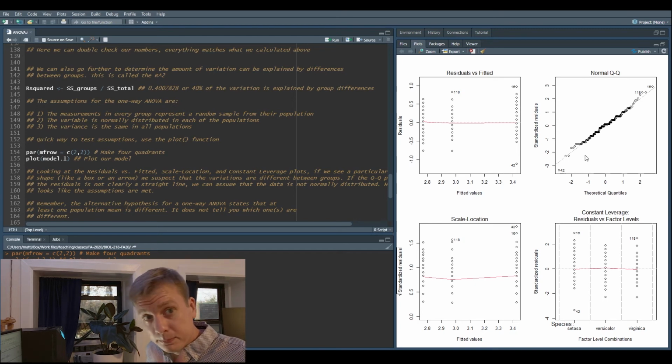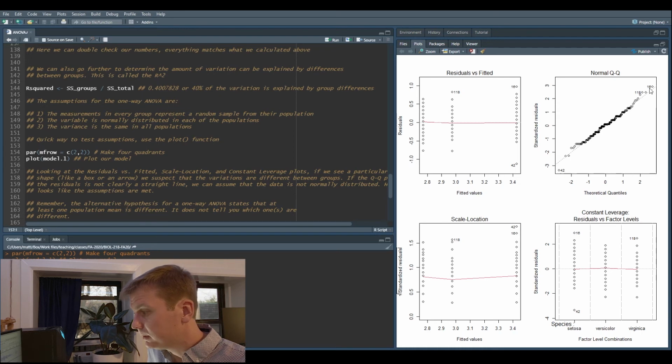More importantly, we can check for normality by looking at this normal QQ plot. A normal QQ plot is basically a regression, which we'll talk about in a couple weeks, of the residuals, or the error. And for an ANOVA, you want your error to be normally distributed.